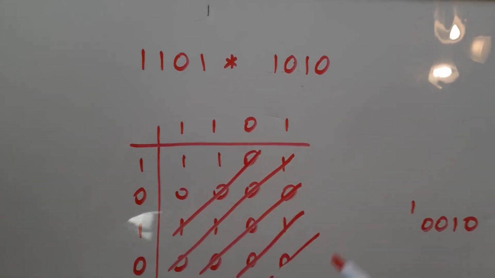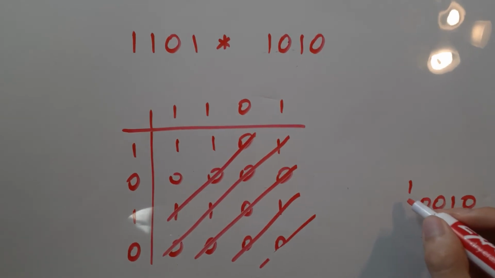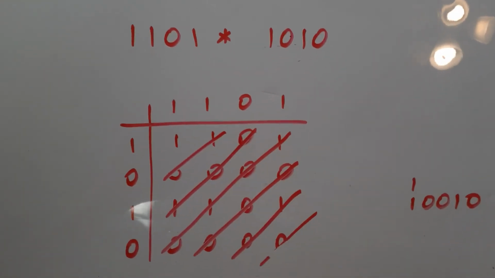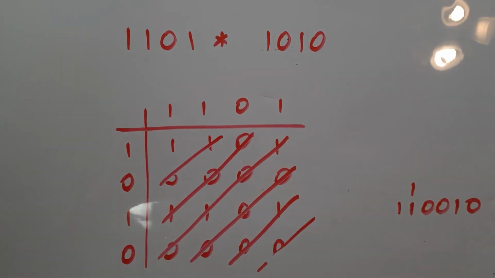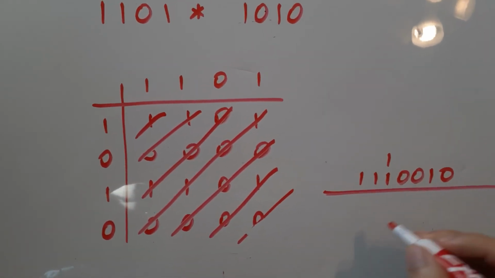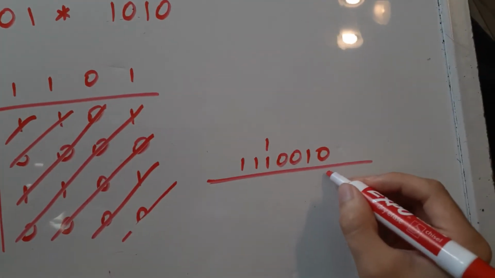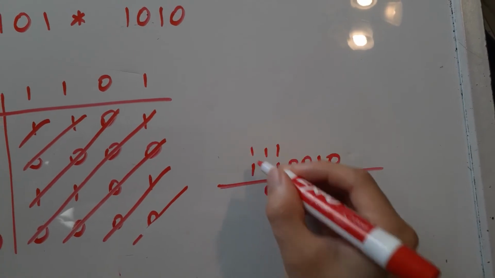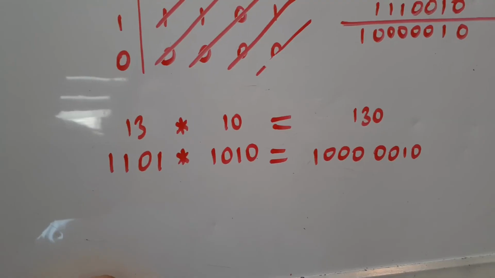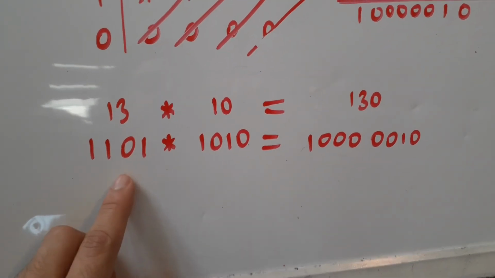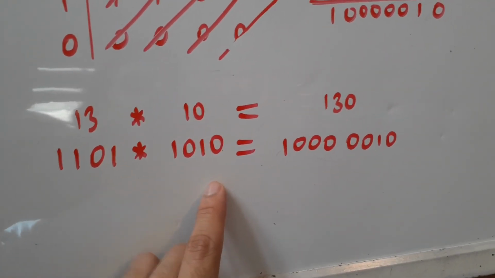You add all the numbers in this diagonal, the result is 1. You add all the numbers in this diagonal, the result is 1. And you add all the numbers in this diagonal, and the result is 1. So in the end, you're going to get 0, 1, 0, 0, 0, 0, 0, 1. We can convert these numbers back to decimal, and we'll see that 13 times 10 is equal to 130.